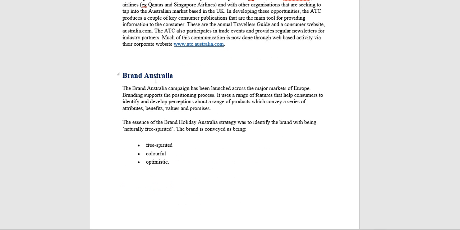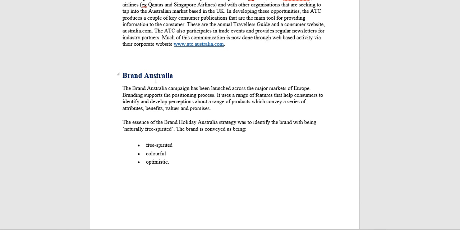So what the Australian Tourist Commission is doing, they are using brand Australia in order to attract and in order to enhance their tourism industry. They are using Australia as a holiday place, as a vacation place, so that more visitors can visit there, and they are usually doing it on the basis of three things.